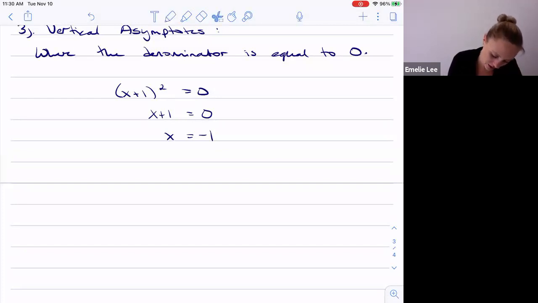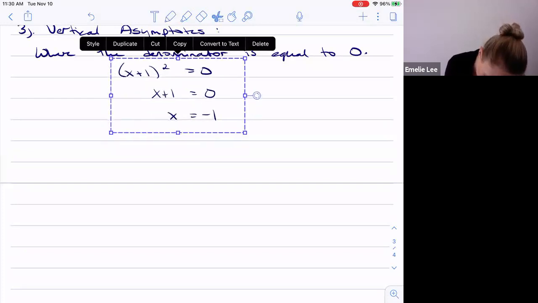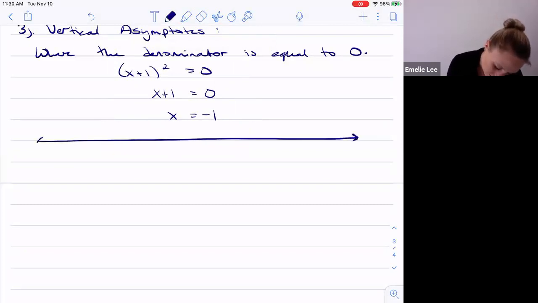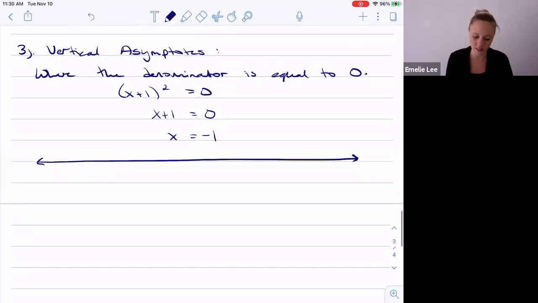Okay. And what I'll do is see if I can squeeze this onto the same page here, because I've only got one vertical asymptote, so that's nice. It's kind of easy to deal with at -1. So now we need to figure out the behavior of this thing.